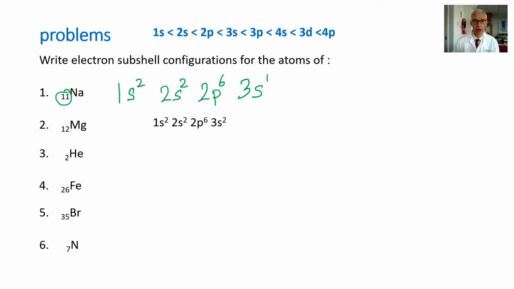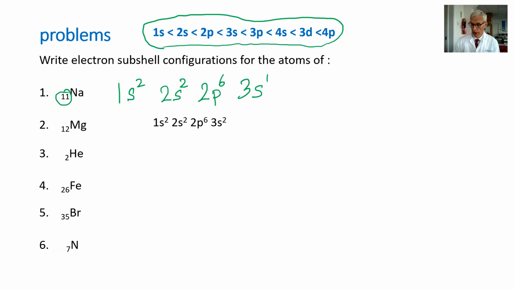Very simple. Of 1s, 2s, 2p, 3s: 1s2, 2s2, 2p6, and 3s2. So there is the electron configuration for magnesium in terms of subshells. Complete the remaining 4. Refer to this aide-memoire for the order of filling of the subshells at the top of the page. Pause, complete, and resume the lesson.